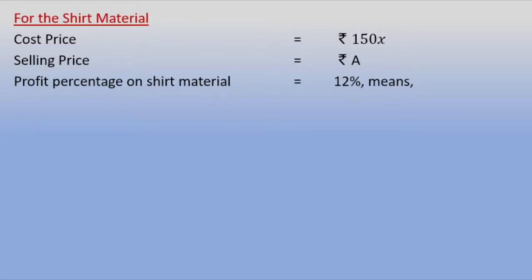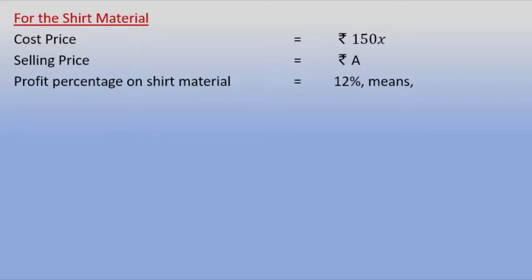Whenever percentage is given, you can write percentage means out of 100. Profit 12% means if CP of an object is rupees 100, then the profit is rupees 12. Then what will the SP be? CP plus profit will give SP, that is 100 plus 12, 112 is the SP.